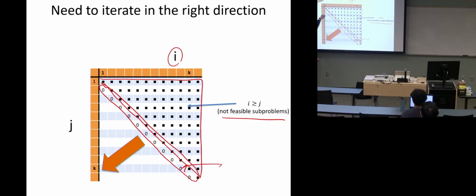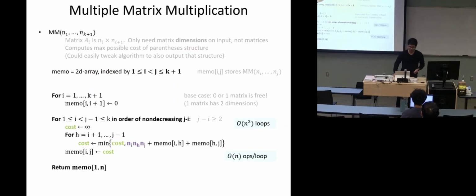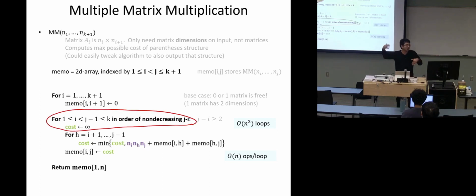Because if you want to compute this entry, it relies on the table here, which you didn't compute before, so it just doesn't work. So all you need to do is change the for loop here so that it goes in the right direction. That's it.